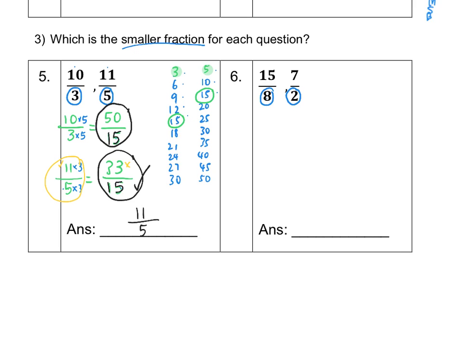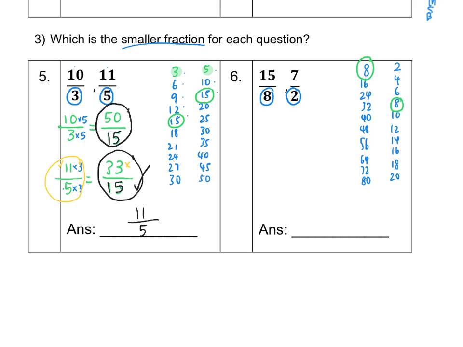Okay, between 8 and 2, if I were to do a listing of 8 times table: 16, 24, 32, 40, 48, 56, 64, 72, 80, and for 2 times table: 8, 10, 12, 14, 16, 18, 20. What is the first common multiple between 8 and 2? It's simply 8. That is the first common multiple.